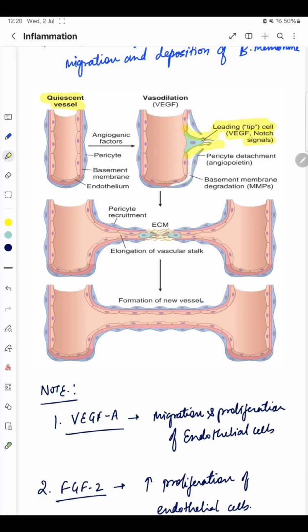Pericyte detachment is important for this basal sprout. Subsequently, the basal sprout is elongated by various signals and forms a new blood vessel by the proliferation of endothelial cells and pericytes.